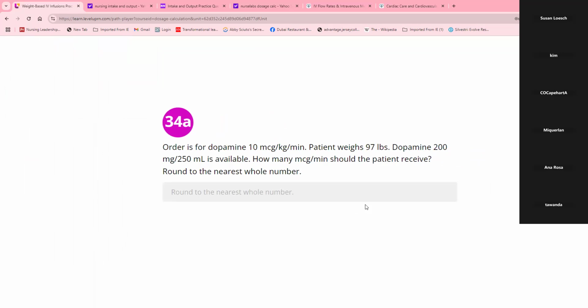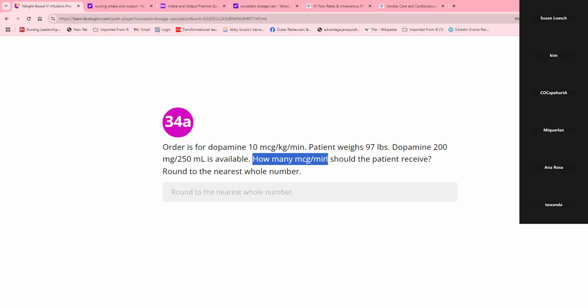Can you see the problem? Yes. So even though this has a bunch of stuff in it, again, you always have to go to the bottom. What is the question asking you for? This is just asking you how many micrograms per minute the patient should receive.